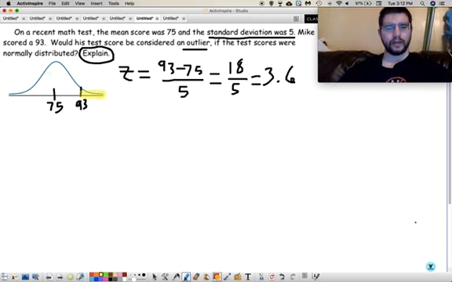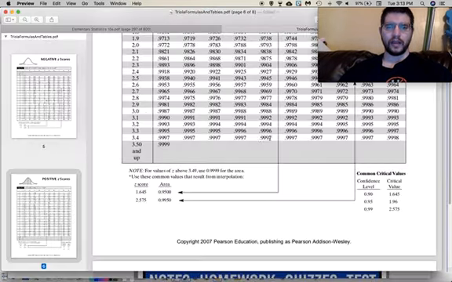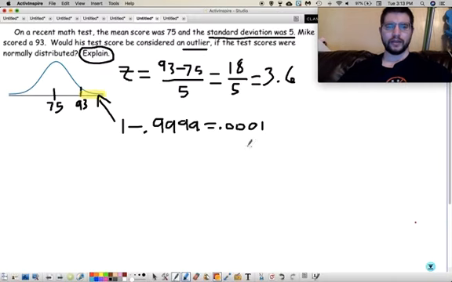So that makes this piece right here 1 minus 0.9999, which is 0.0001. And that's for anything 3.5 or greater. So yeah, you can definitely consider this guy an outlier.